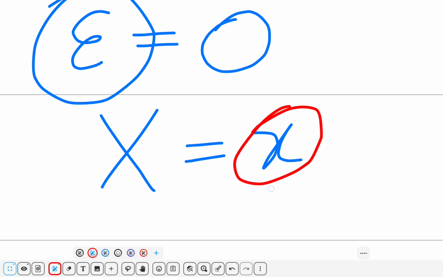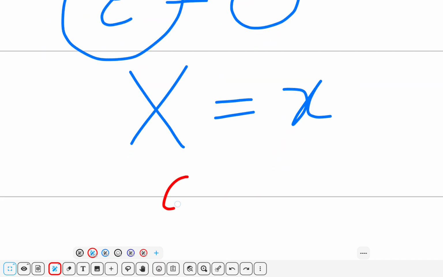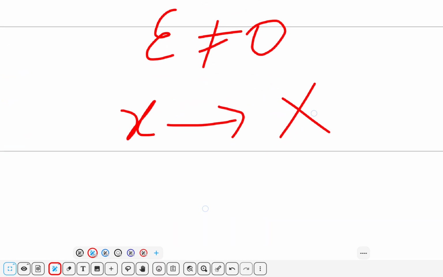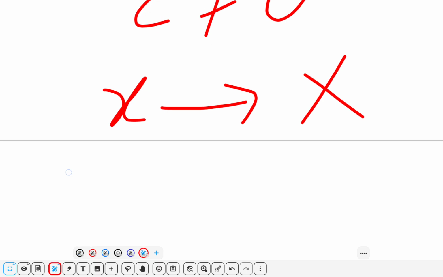This was initially small x, and even after translation it is small x. But if I increase this epsilon slightly, then this x slightly changes.